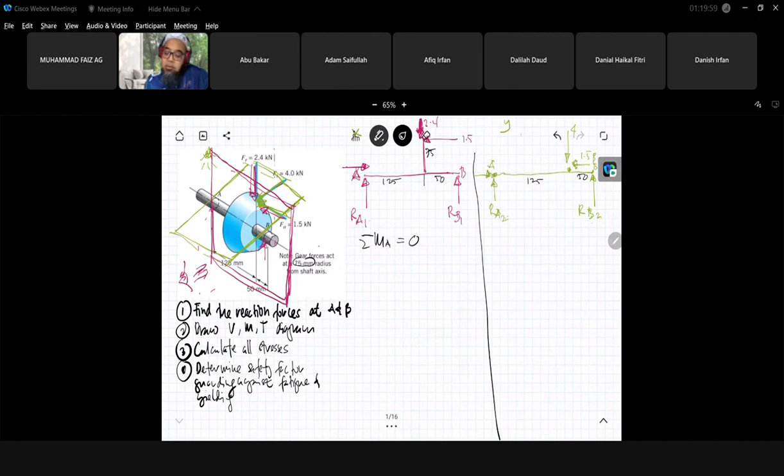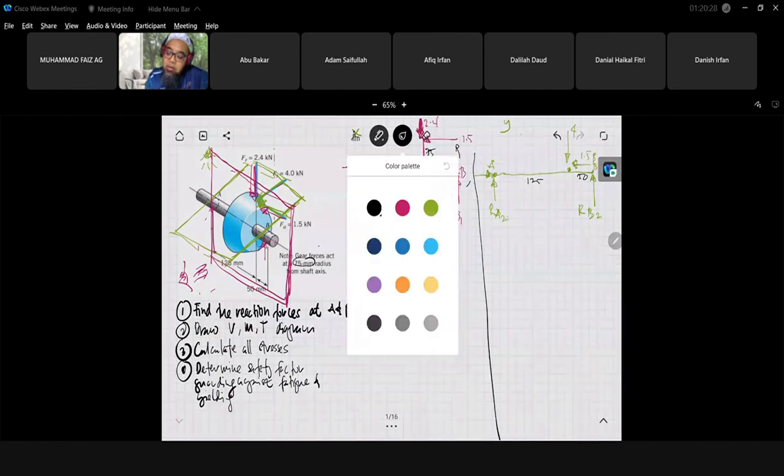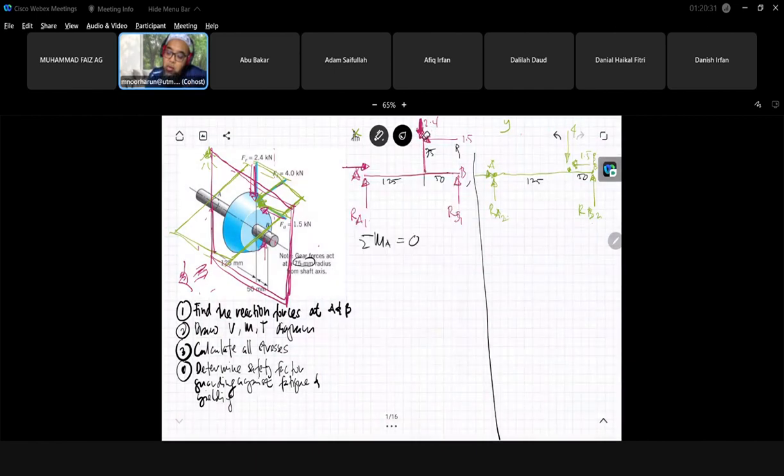So moment daripada sini we will get this RB1. So RB1 is in this direction, and 1.5 is in the same direction as RB1, and 2.4 is in the opposite direction.